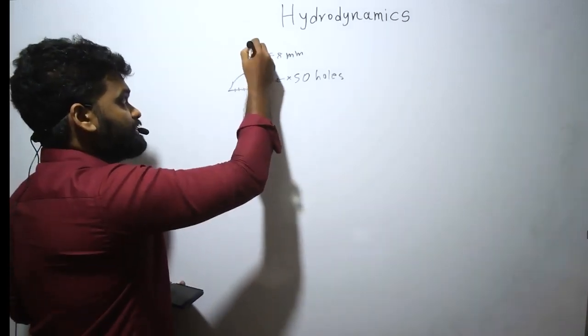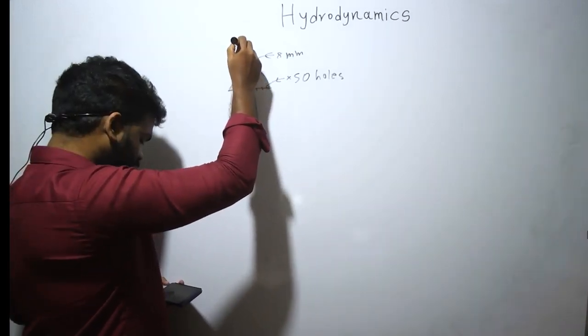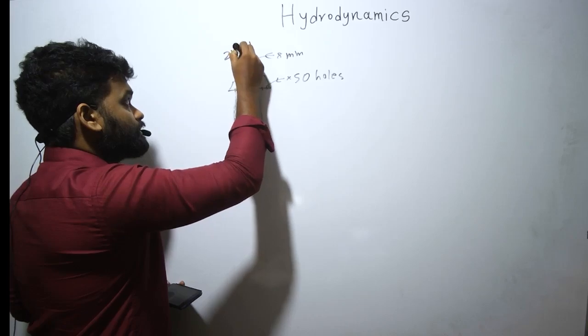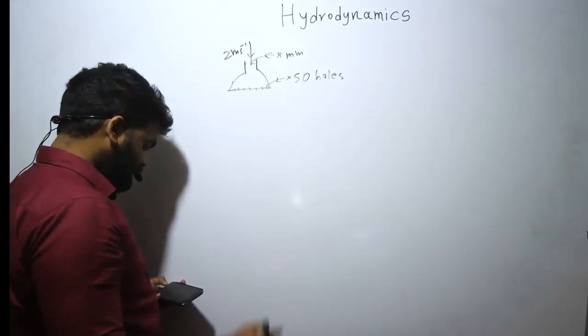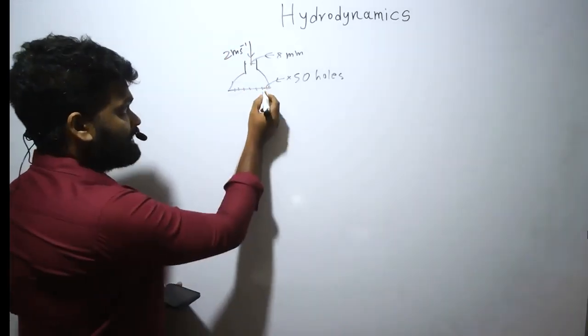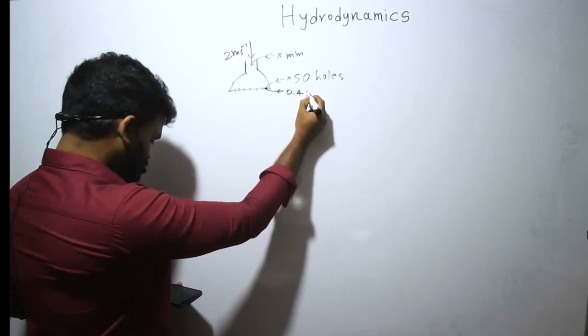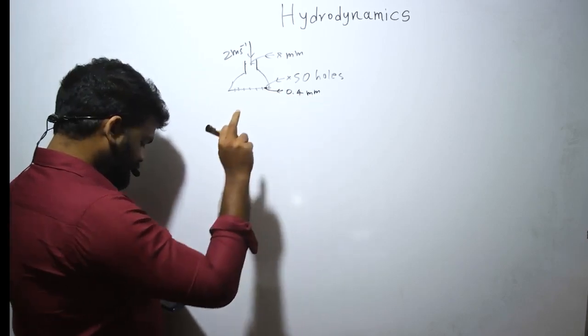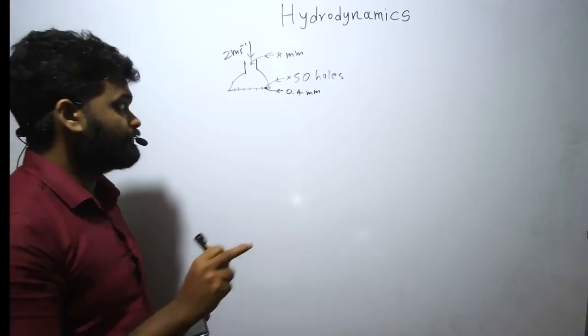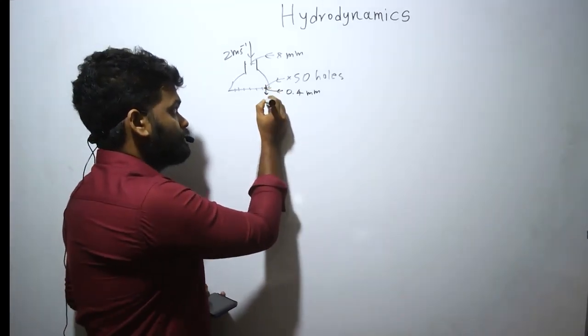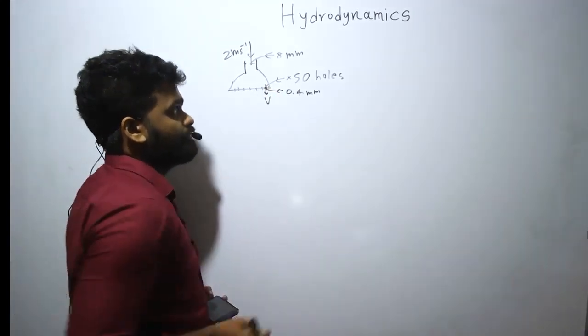Inside the pipe, the speed of water is 2 meters per second. Each hole has a radius of 0.4 millimeters. What is the speed of water through one hole? Let's say that is V.